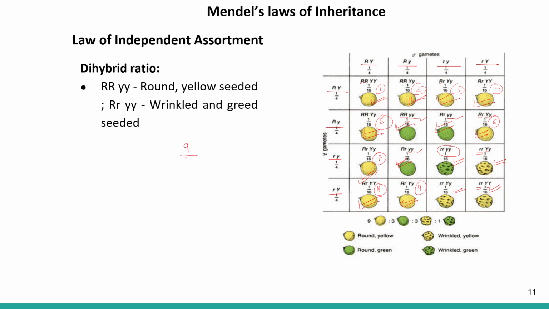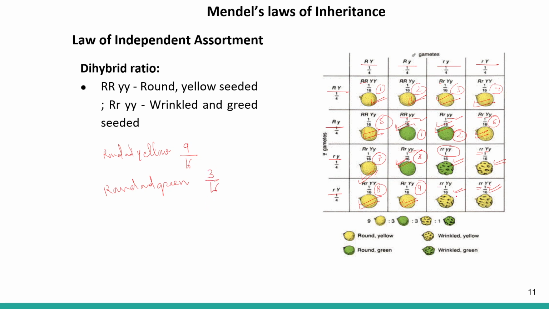So 9 out of 16 is round and yellow. Let us see this green one. Round and green. So 1, 2 and 3. So that will be 3 by 16.